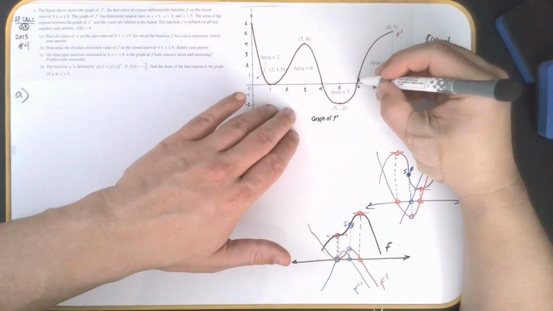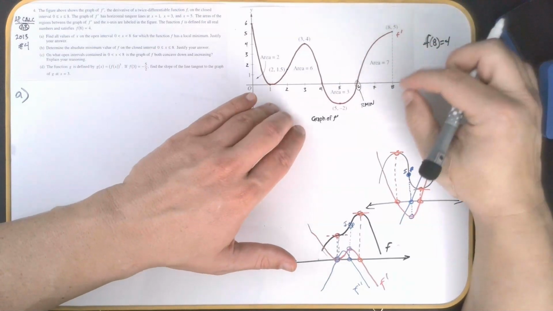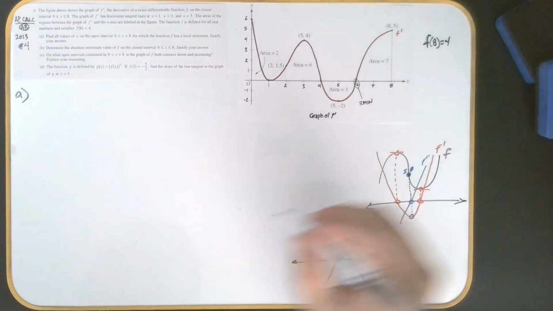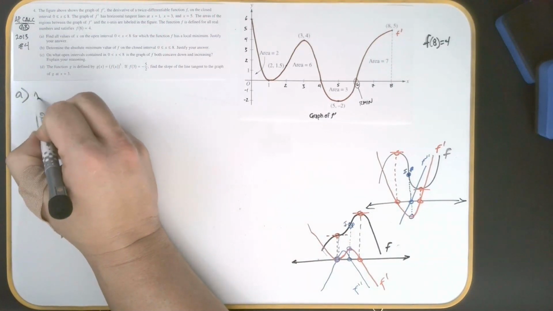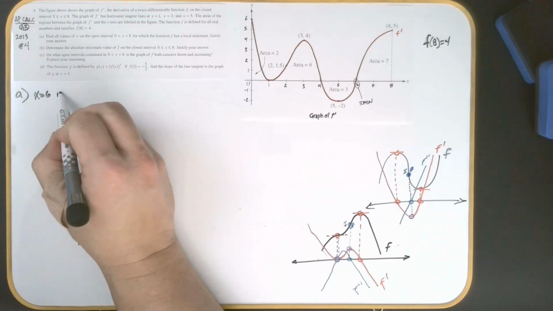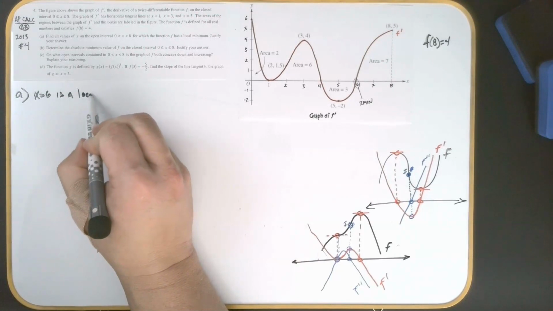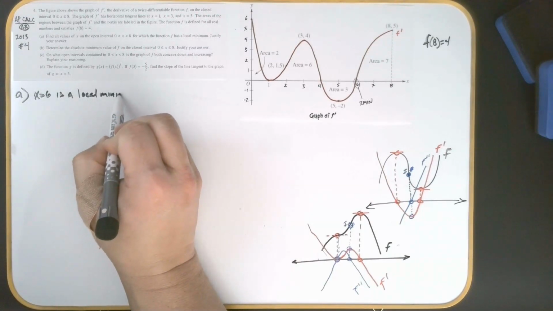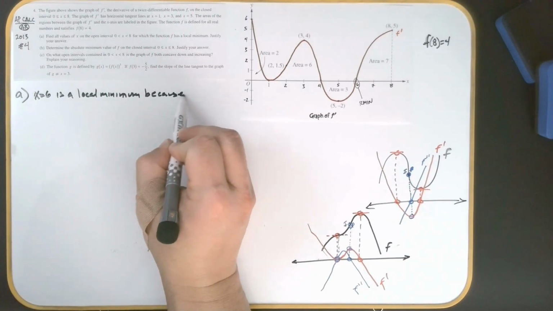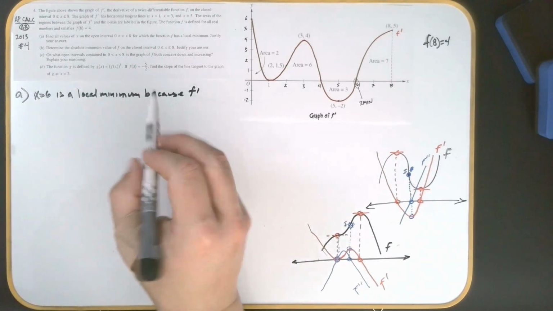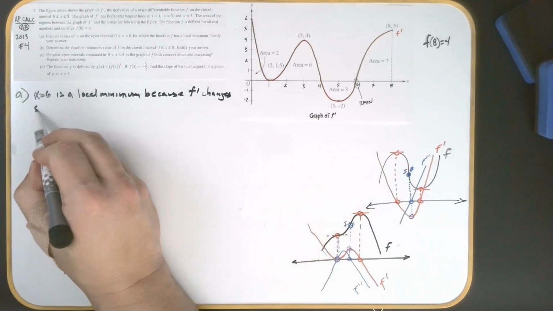And it really jumps out at you, and you're like, oh, right there? There is my relative min. Now I can say what it is, then I can justify my answer. And I'm going to say x is equal to 6 is a local minimum, they use the word local, because f prime changes sign.